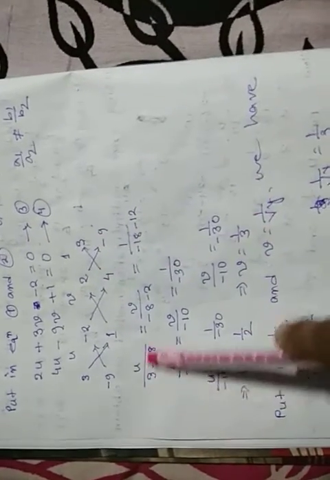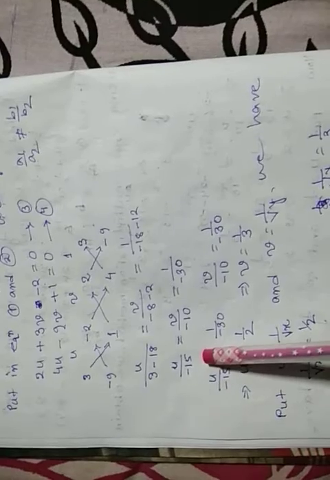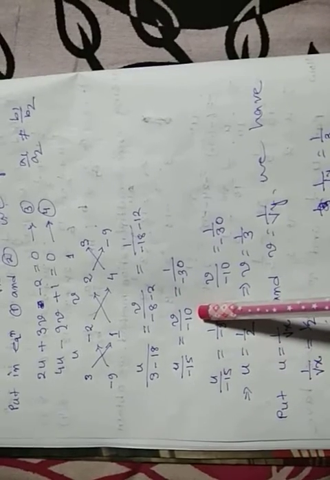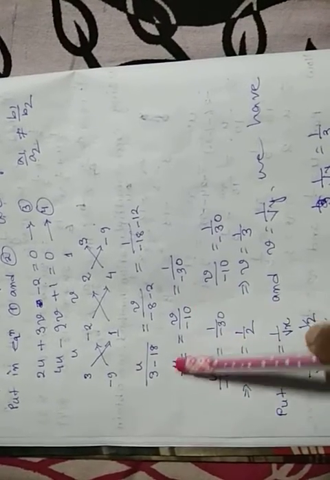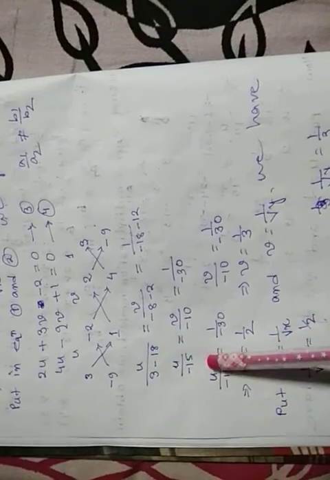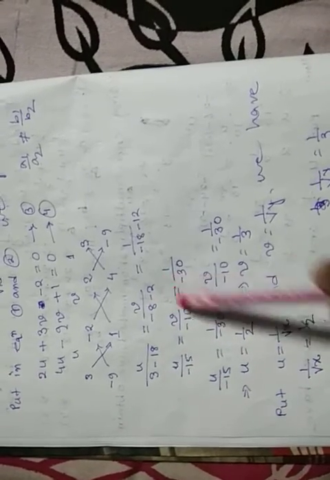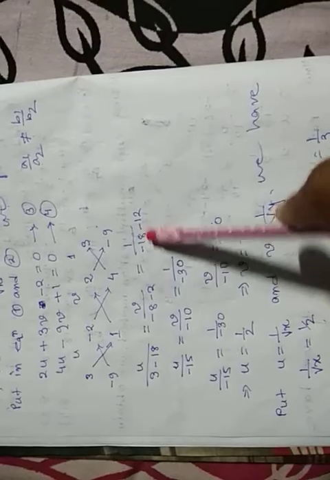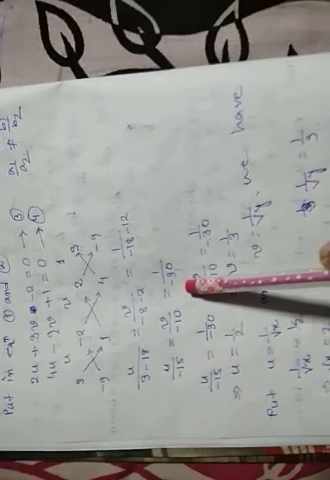After calculating, it will become u by minus 15, because 18 minus 3 is 15, and v by minus 10, because minus 8 minus 2 is minus 10, equal to 1 by minus 18 minus 12, so minus 30.